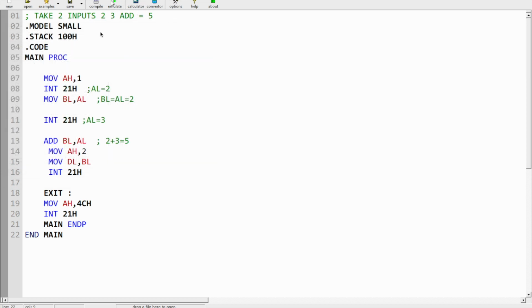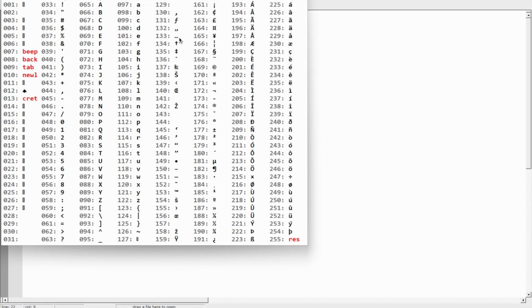How did this happen? Let's see. The ASCII value that is equivalent to 2 is 50, and the ASCII value that is equivalent to 3 is 51. If we add these two, it equals 101. And what is 101?